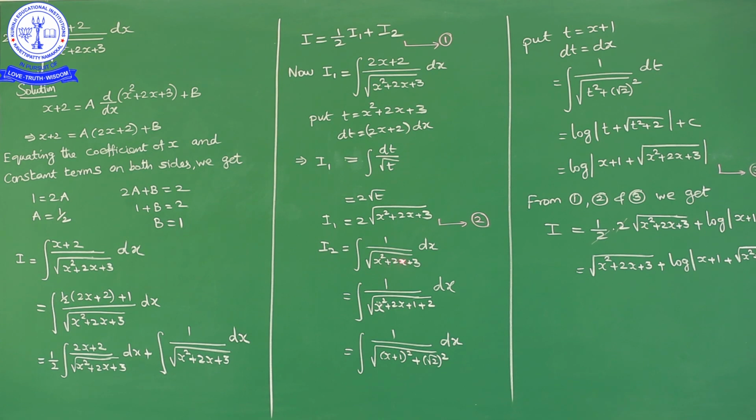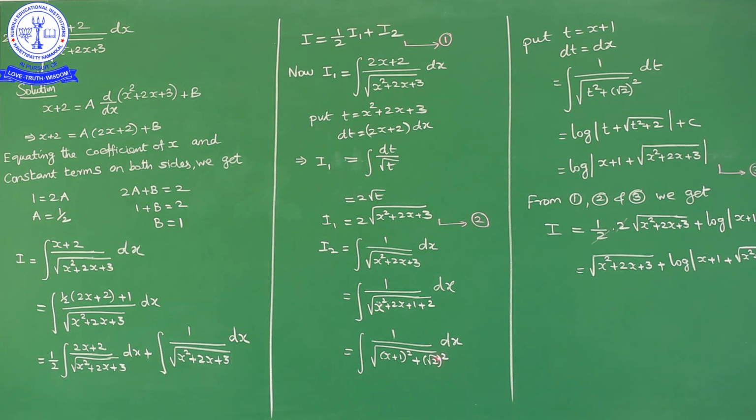So x square plus 2x plus 3, I will write as x square plus 2x plus 1 plus 2. Now what is the advantage? x square plus 2x plus 1 we can write as (x plus 1) whole square. So (x plus 1) whole square plus 2, I will write as (root 2) whole square.